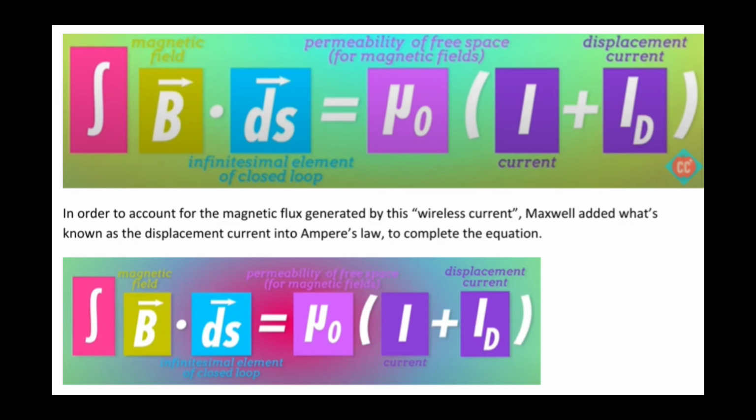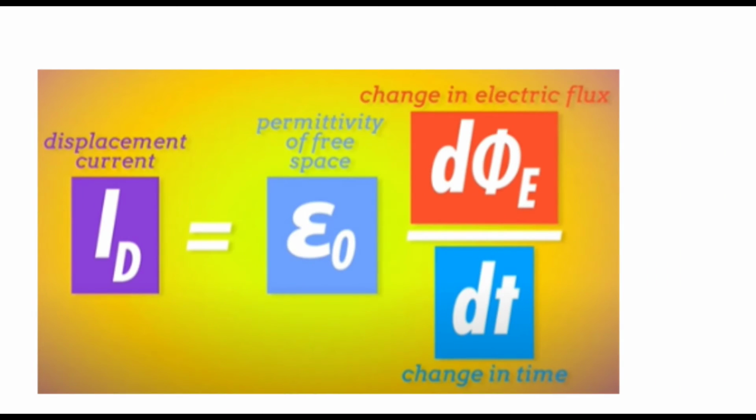In order to account for the magnetic flux generated by this wireless current, Maxwell added what is known as the displacement current into Ampere's law to complete the equation. Mathematically, the displacement current is equal to the change in the capacitor's charge over time, and that is equal to the change in electric flux over time, multiplied by the permittivity of free space constant.